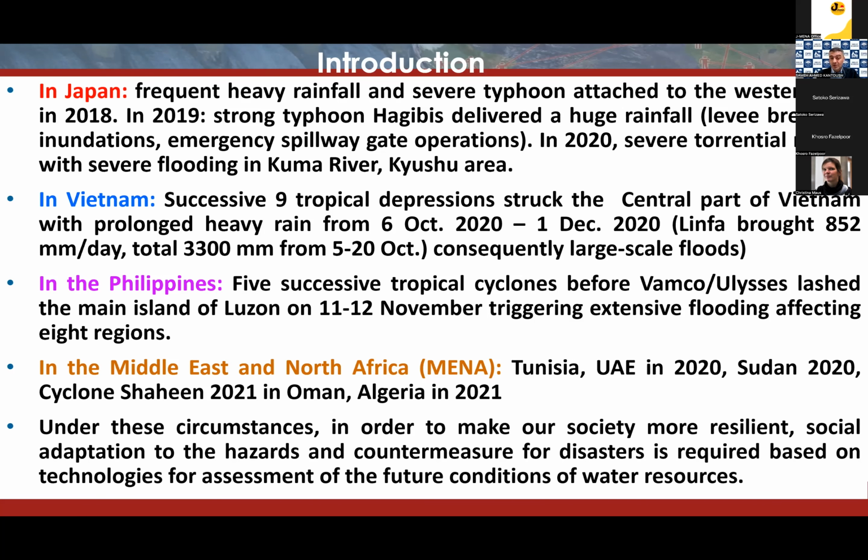Algeria in 2021 as well. So under these circumstances, in order to make our society more resilient, social adaptation to the hazard and the countermeasure for disasters is required, based on technologies for assessment, prediction of the future condition of the water resources and disaster risk reduction.